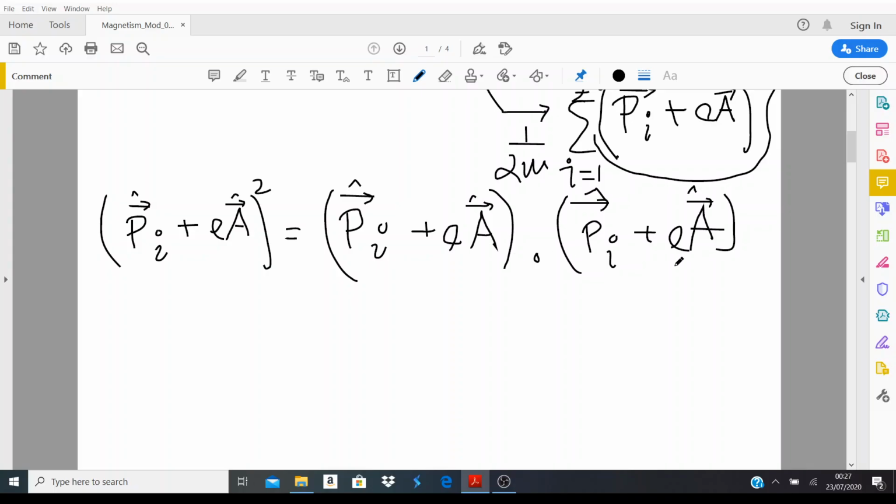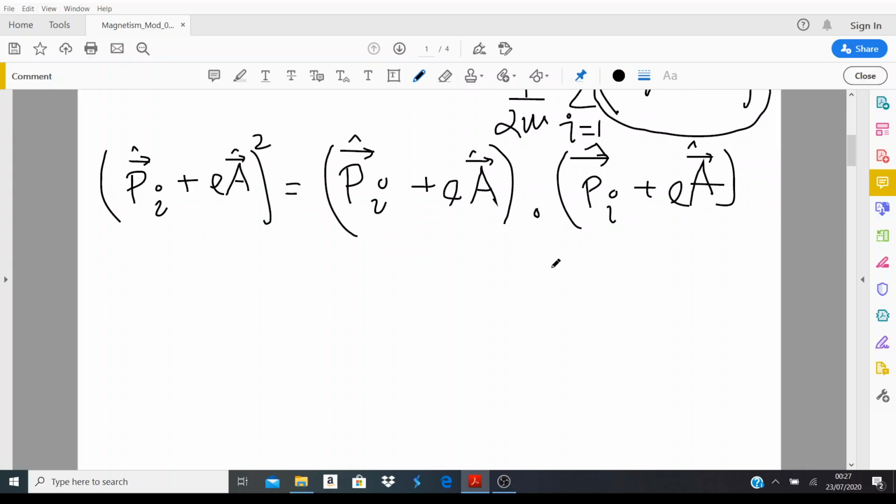So when you multiply out this expression, you will have four quantities, right? Let me do it slowly. The first one is Pi dot Pi. That's a vector operator dotted with itself, the momentum operator, right? Now the next one, we are dotting the Pi with the Ea, and for convenience, let us put on also an ith index so that we can differentiate.